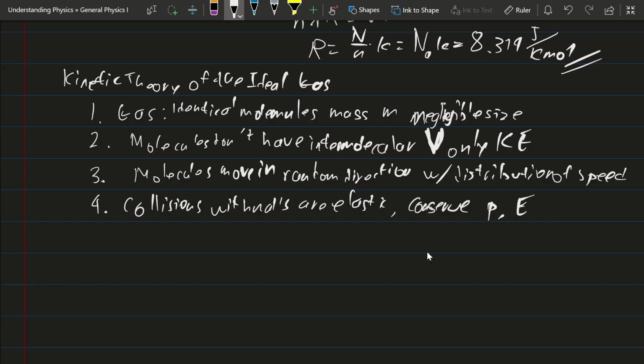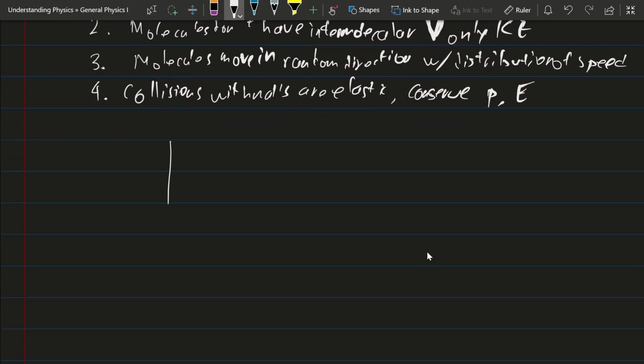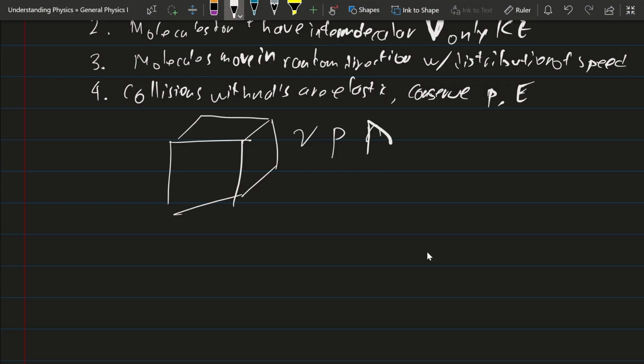So with this, let's actually try to derive the ideal gas law, as well as get the understanding of what temperature truly is. So assume that we have a box in which we have a certain volume, a certain pressure, and also a certain amount of molecules, which I'll call big N. And oh wait, no, sorry, there's volume and there's also the distribution of velocity.